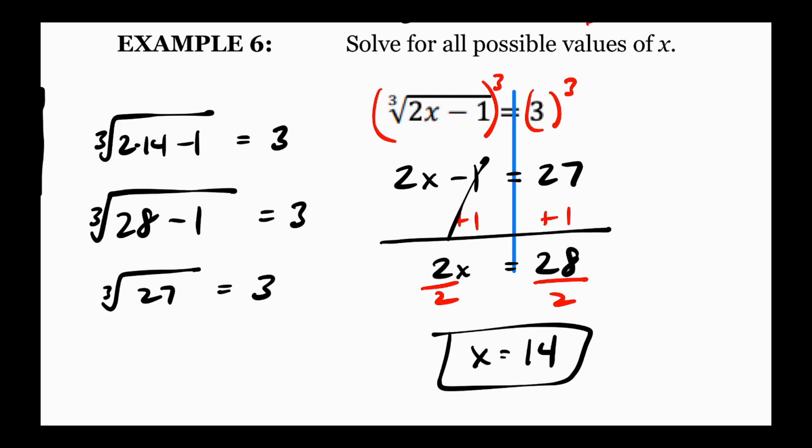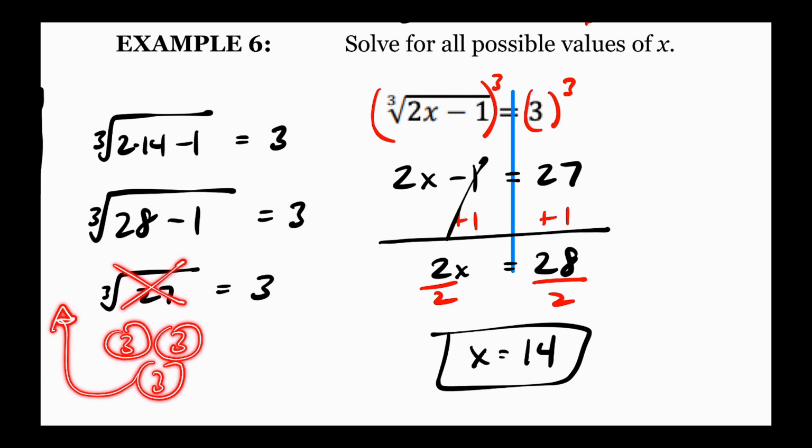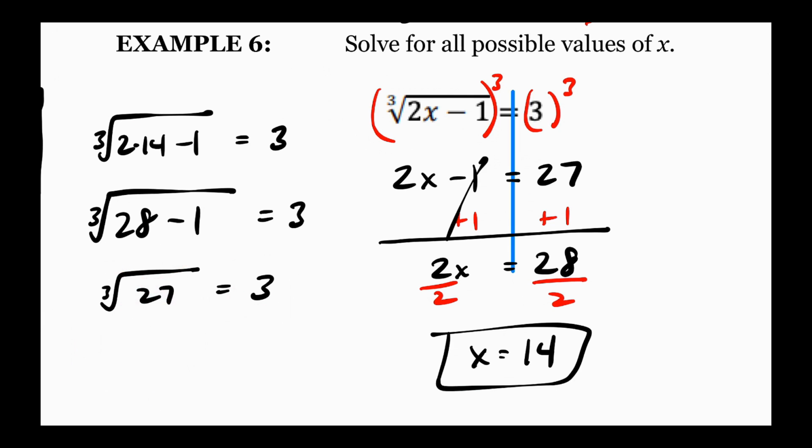So is the cube root of 27 equal to 3? Yeah, because 27 is 3 times 3 times 3. It's a triple. So if I break this one down, it's 3 times 3 times 3. So those would move out to the front. Nothing left. It would be 3. Verified solution.